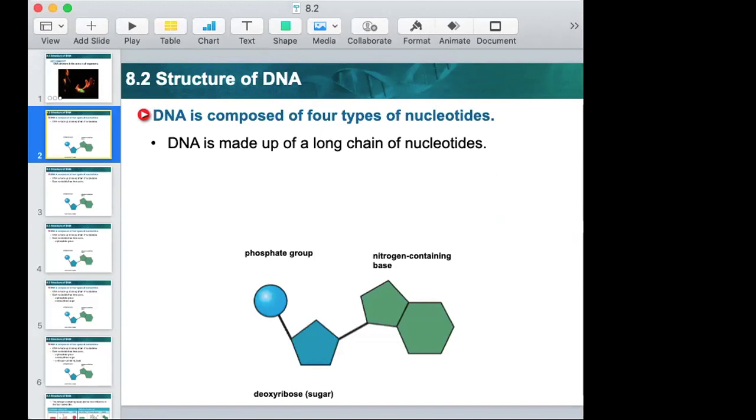Okay, so let's go through the parts that make up DNA. Scientists discovered that there are 4 nucleotides that make up DNA. DNA is just a long chain of nucleotides. For a human, it's 3 billion, billion with a B, nucleotides long.